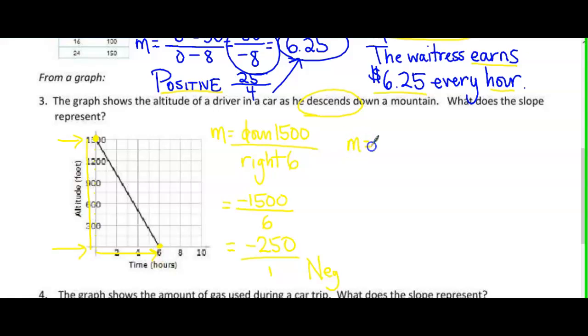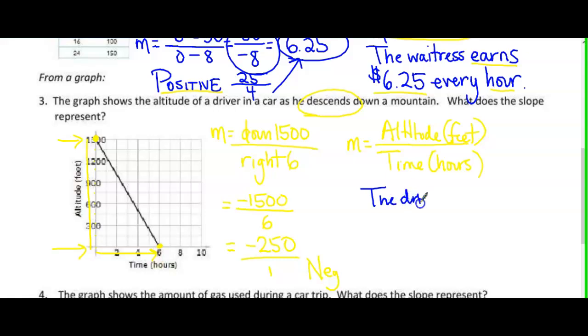This part you really don't need to write, but I'm going to write it. The y's is really the altitude in feet. The x is really time in hours. So when I go and write my sentence, it has to be a negative word about a driver descending down the mountain. So I'm going to write, let me grab blue.